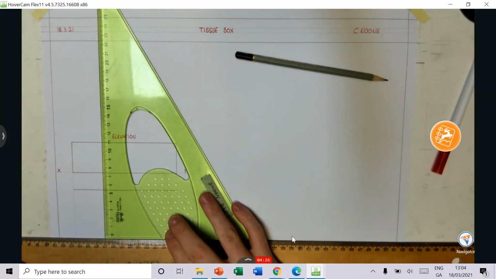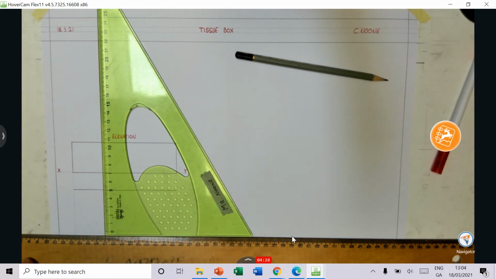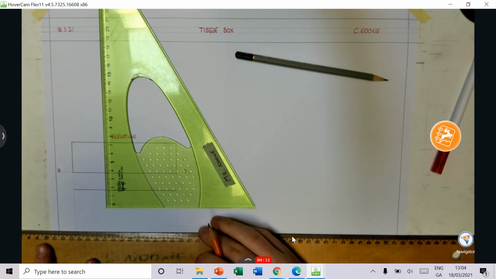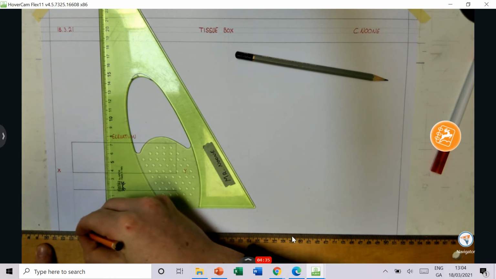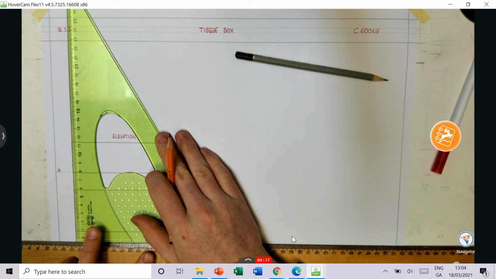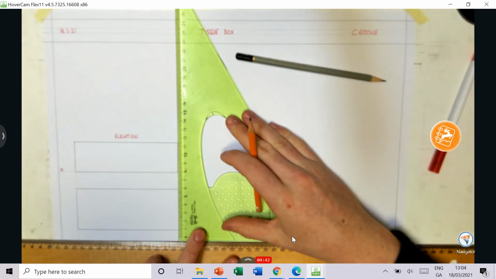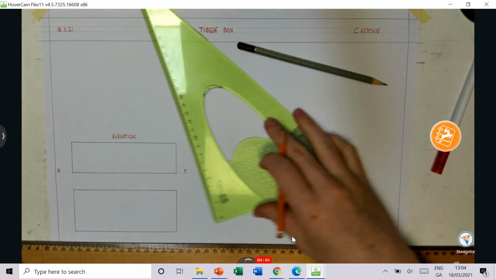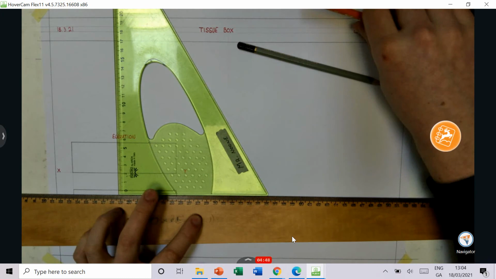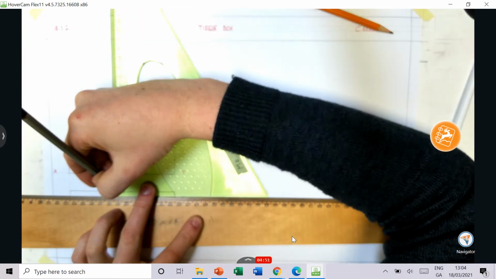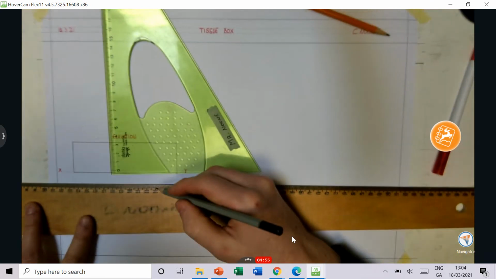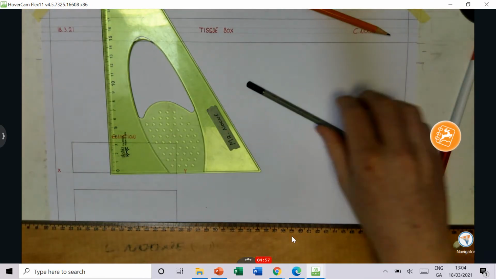So I'm going to measure down 50 mil, and that's the outline of my plan. I'm going to come up 5 and 5 here again, and label that plan.